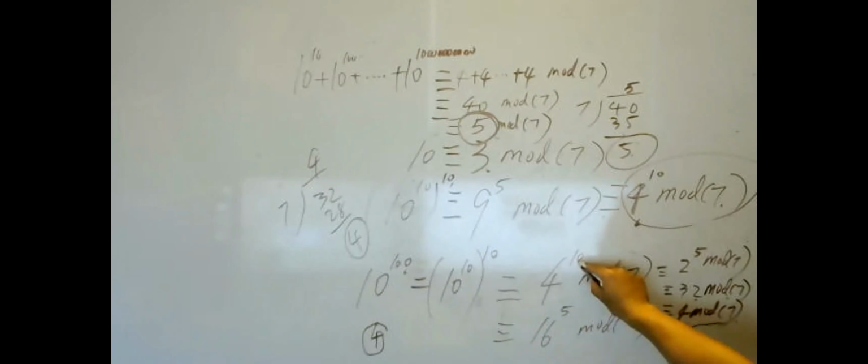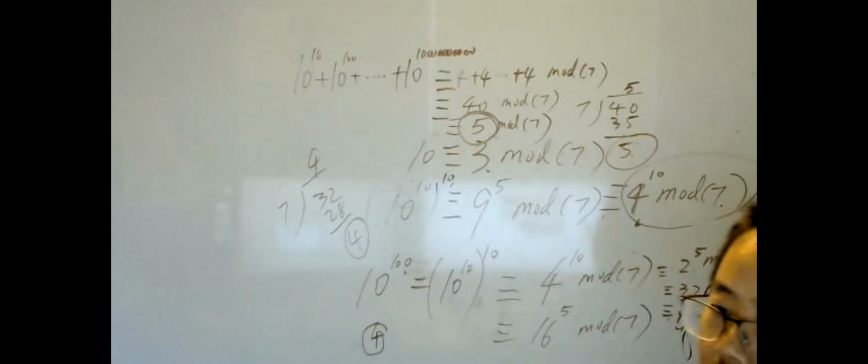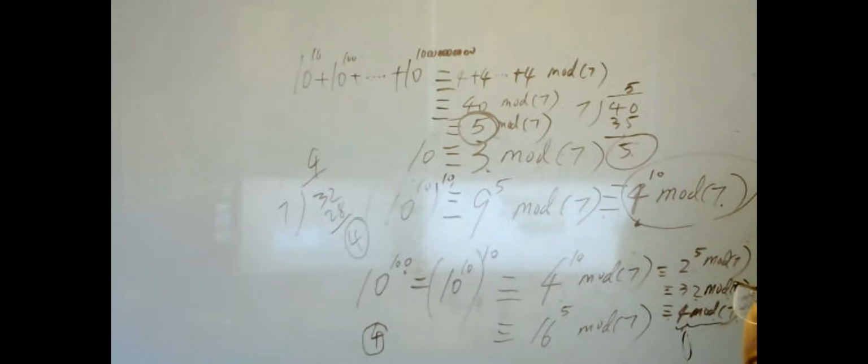Because 4 to the 10th is congruent to 4 mod 7. Okay, so this is the beauty of modular. If you look at this complicated math problem, using modular property greatly simplified it and made it possible to get worked out.